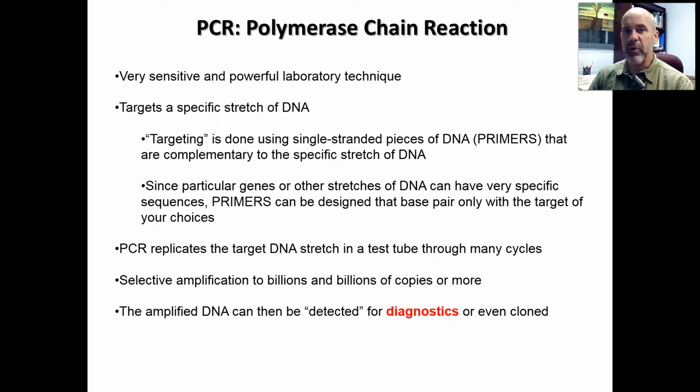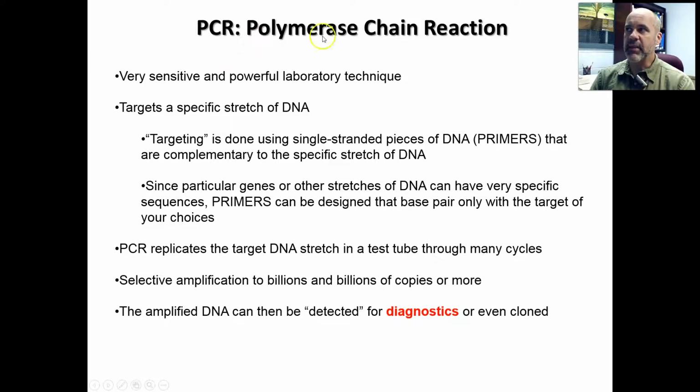It's being used more and more even in clinical laboratories, so you're probably going to hear about patients who have submitted a sample and there's a PCR type test being done on it to try to detect or diagnose something. And it's a very specific technique, and what it does is it targets a specific stretch of DNA, like a gene from a virus, and finds that DNA that might be present in a sample in very minute quantities, so low that you can't detect it.